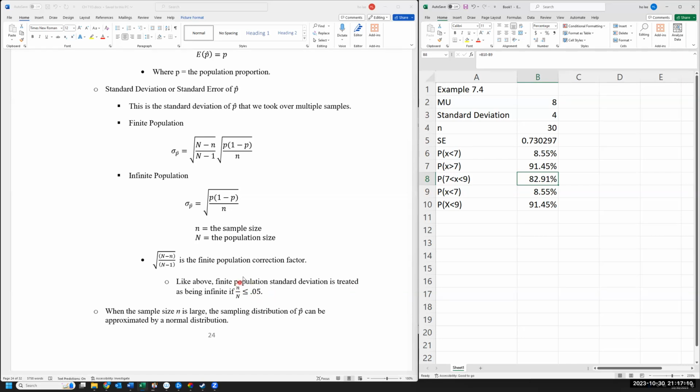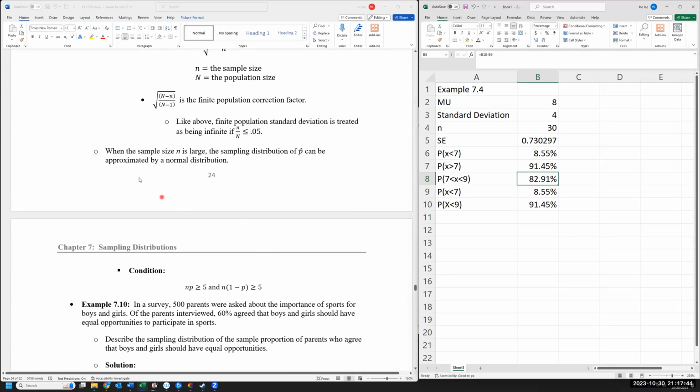If the sample is small relative to the population, 5% or less, then we could disregard this finite population correction factor and just use the simpler calculation formula for the standard error or the standard deviation of the sample proportion.